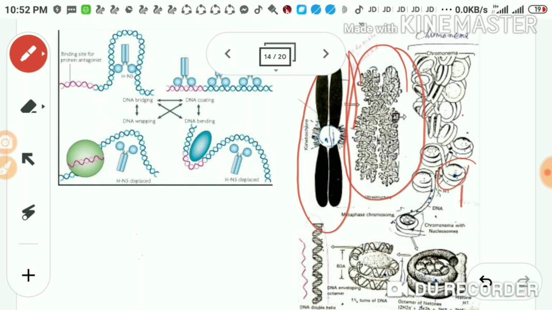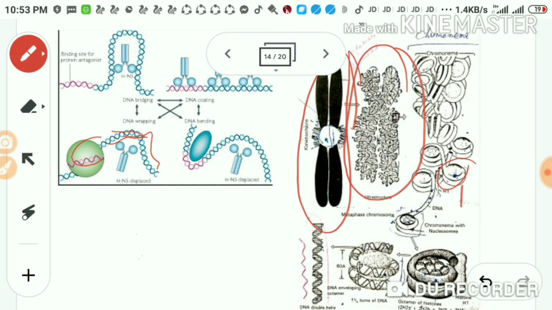Then, let's see the relationship between the nucleoid and mesosome in bacteria. Before that, we have to discuss the structure of the nucleoid of bacteria. Here you can see this double helical structure, that is the DNA of the bacteria, and it coils around another type of protein, non-histone proteins.